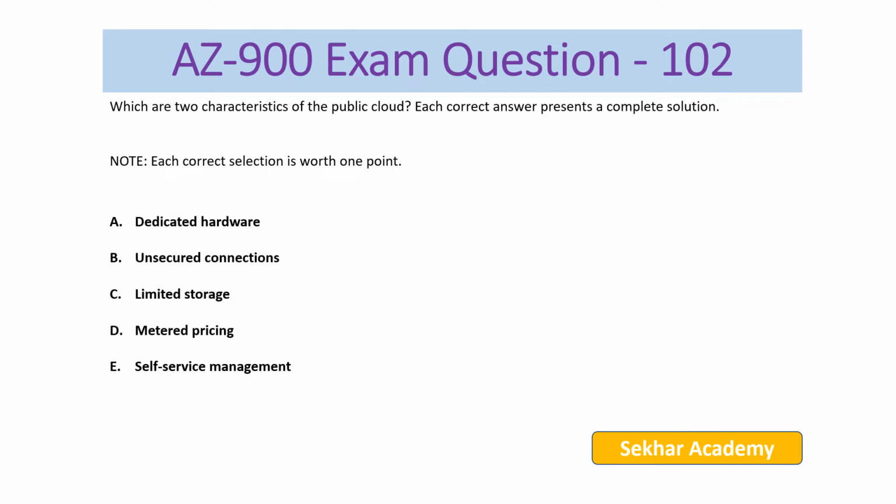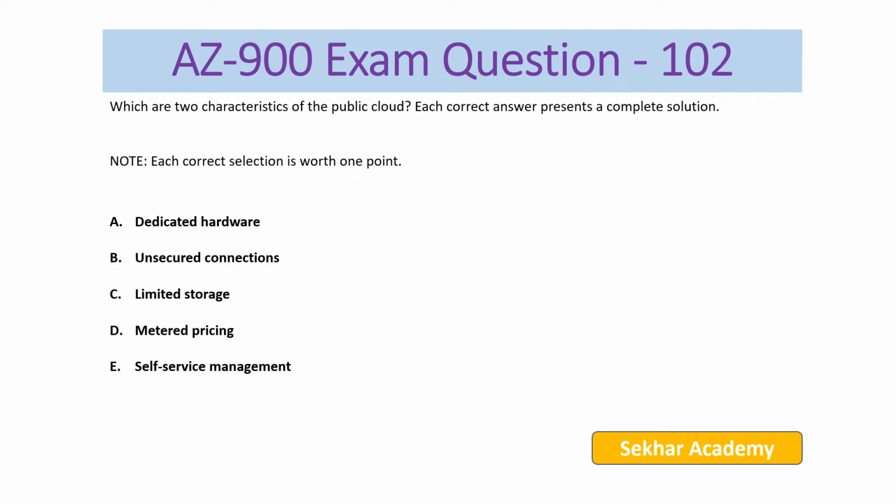AZ-900 exam question number 102. Which are the two characteristics of the public cloud? Each correct answer presents a complete solution. Note here, each correct selection is worth 1 point.